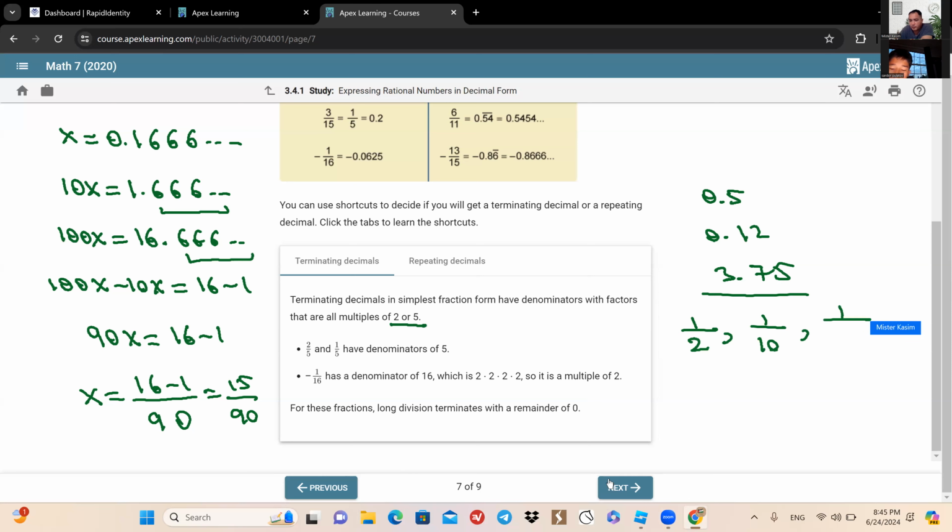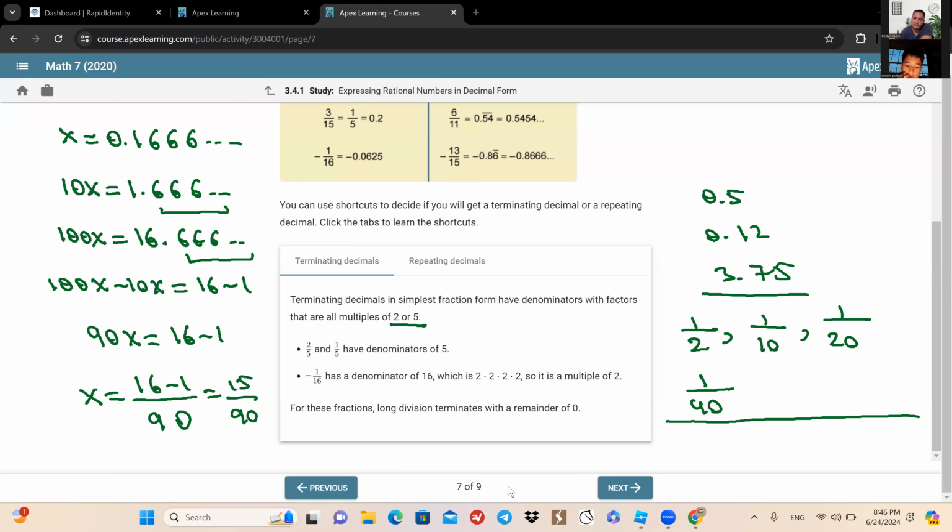Or 1 over 20 because 20 I can write as 2 times 2 times 5. They're only multiples of 2 and 5. Or 1 over 40. I can write it as 2 times 2 times 2 times 5. If the denominator of the fraction is only made of 2s and 5s, then it is a terminating decimal.